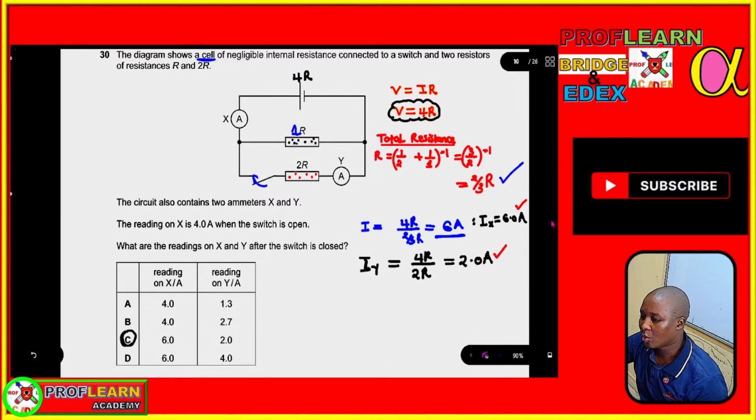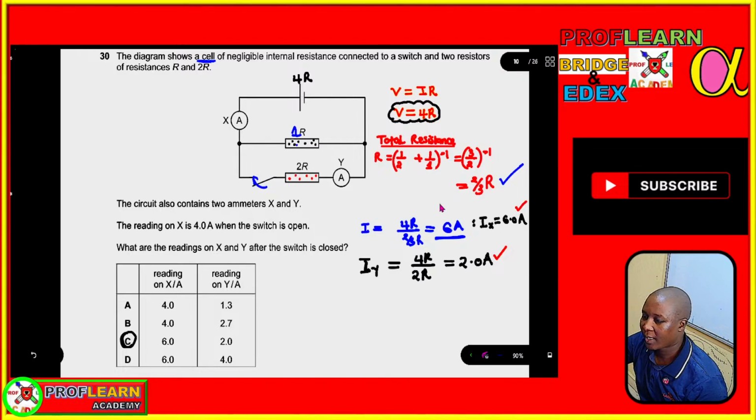To find the current flowing here, we use this resistor and the potential difference at this point. Since the connection is in parallel, each branch experiences 4R volts.